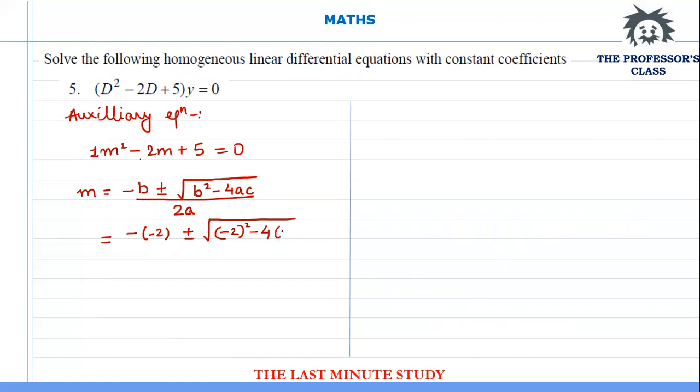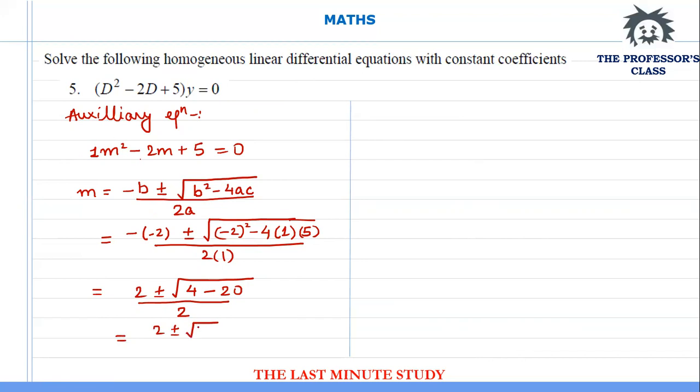The value of a will become 1 and that of c will become 5, over 2 times 1. So I'll get 2 plus or minus the root of 4 minus 5 into 4, 20. Sorry, minus, over 2. So this will become 2 plus or minus under root of minus 16 over 2, which becomes 1 plus or minus 2i.